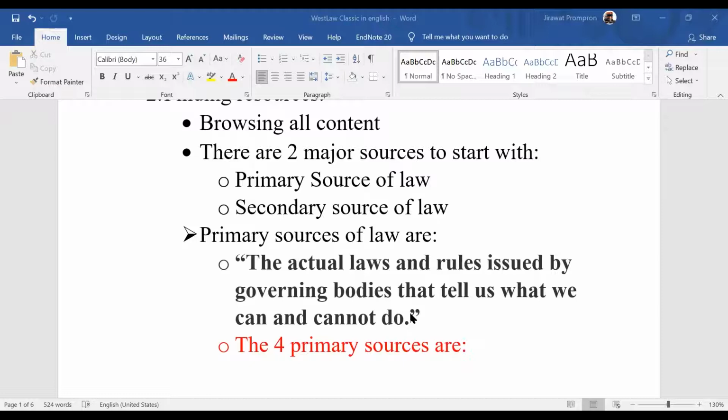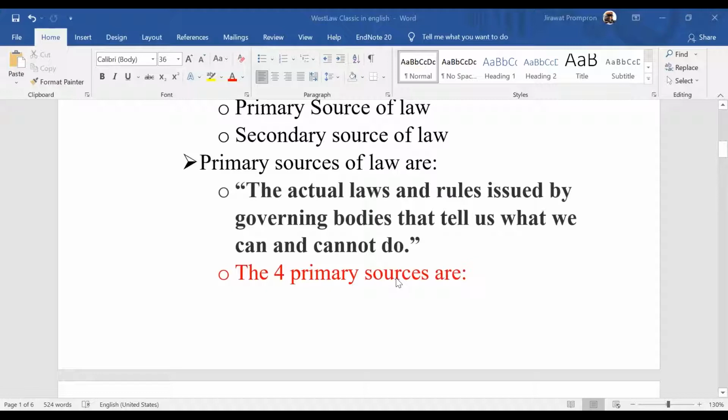The primary source is the same as legislation and statutes. We call it the actual laws and rules issued by the governing body that tell us what we can and cannot do. This is what we call the primary source.